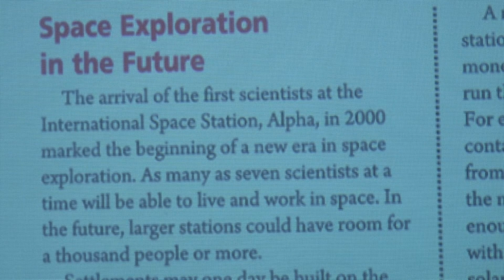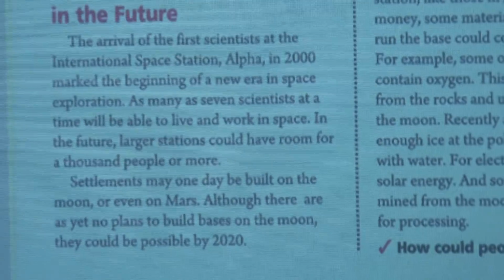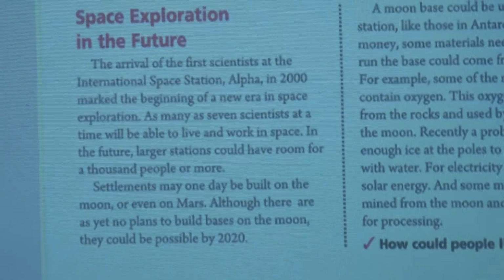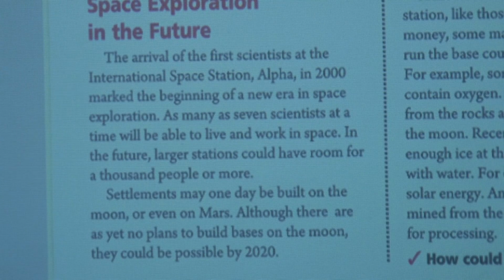And now the scientists suggest that maybe one day life could be possible on the moon and on Mars too. But as yet, there are no plans to build a base on the moon. But maybe one day there will be.